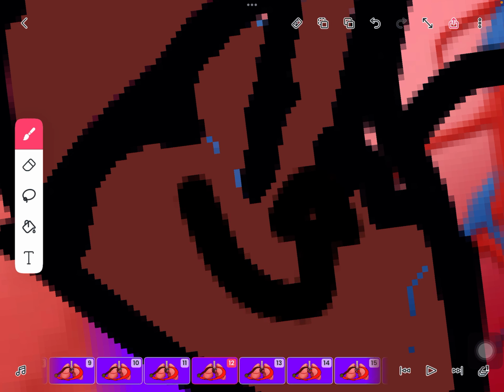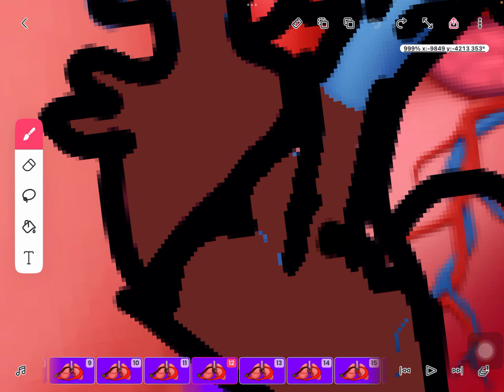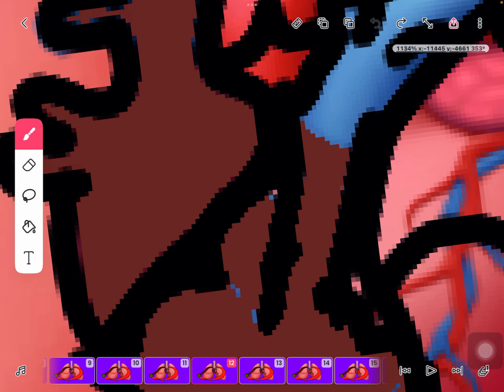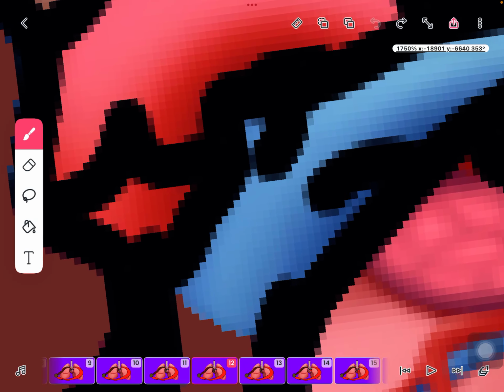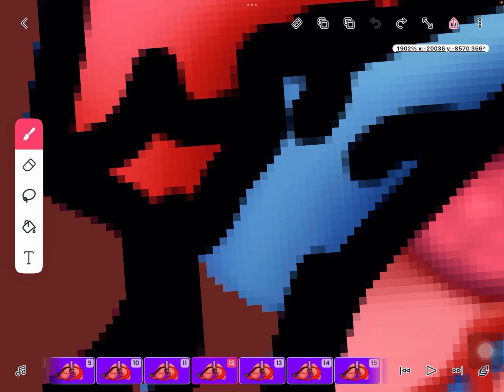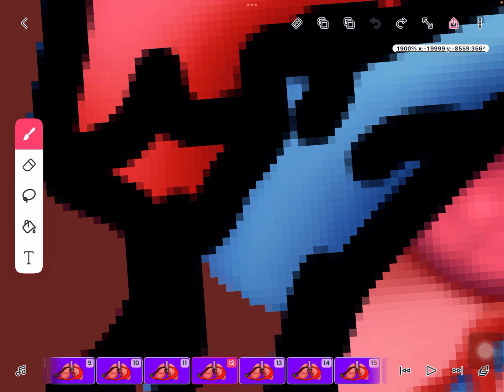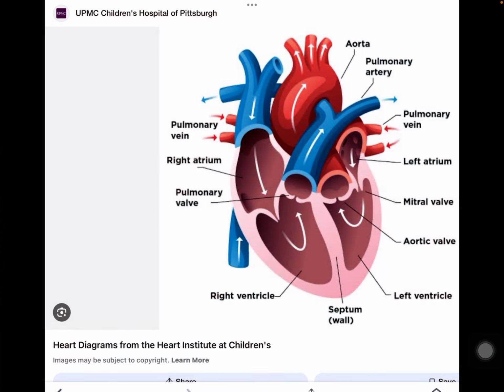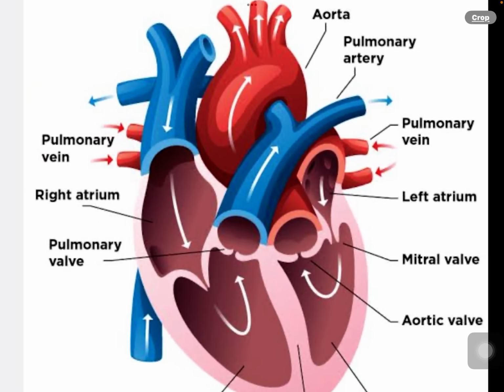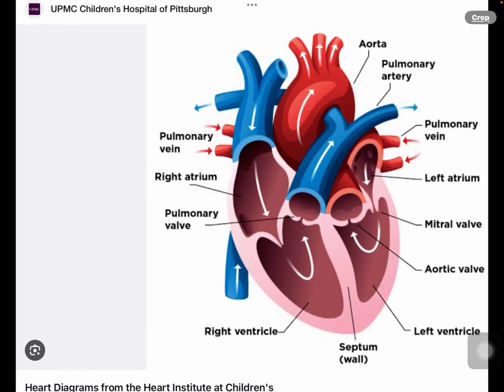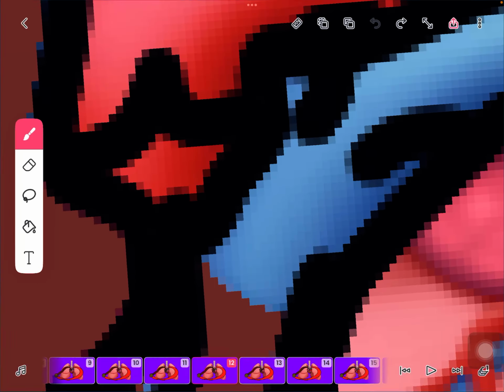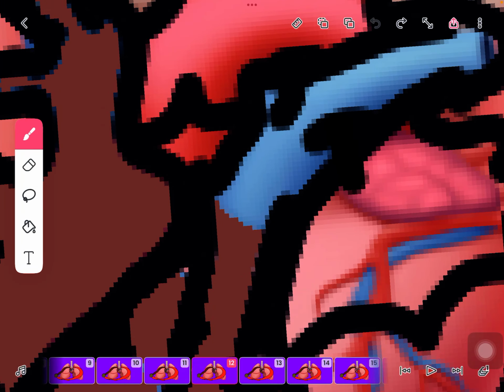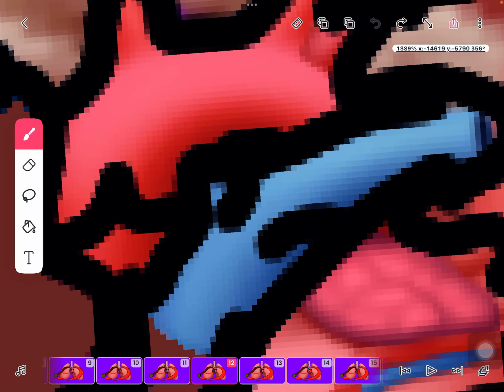And then in the right ventricle, the blood goes in this pulmonary artery. And then the pulmonary valve is already open waiting for the blood.